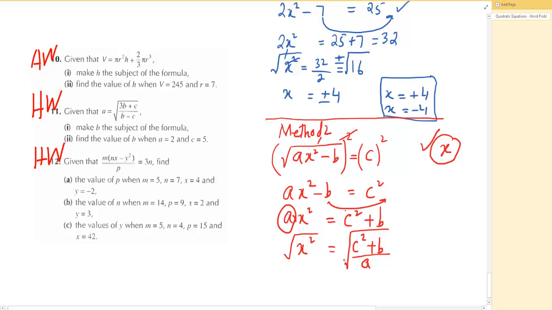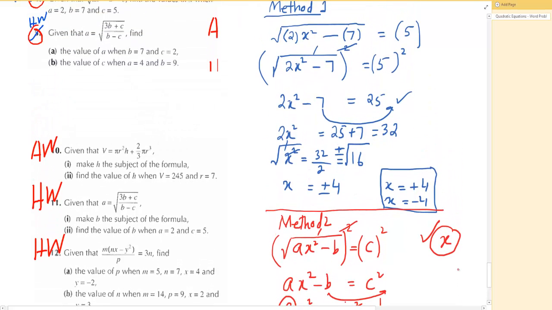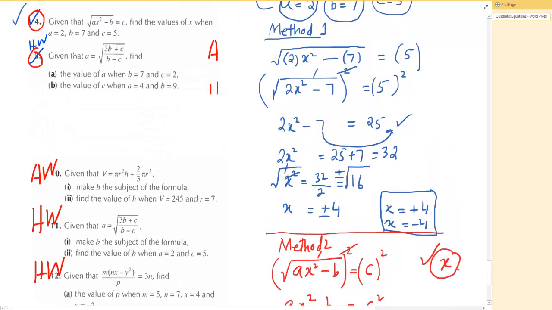When you take square root, plus minus will appear here. This cancels, and now we have made x the subject of the formula. Now you should put the values of a, b, c here. a is 2, 7 and 5.